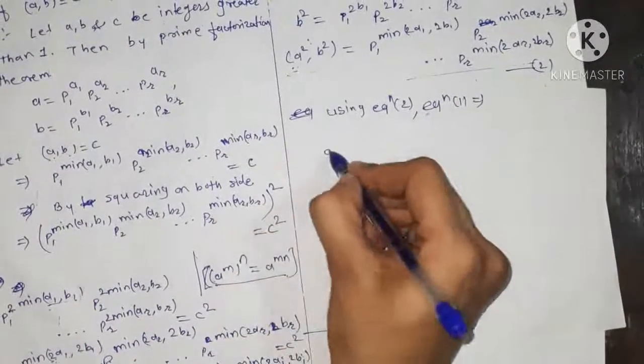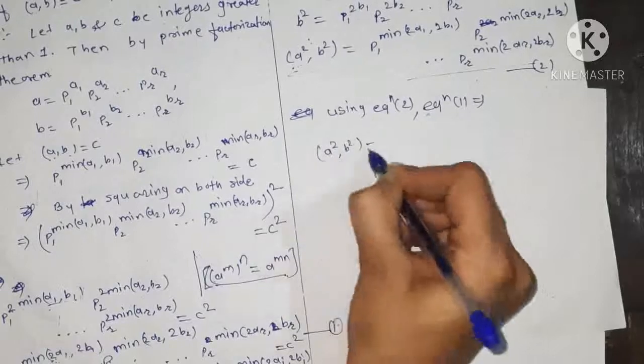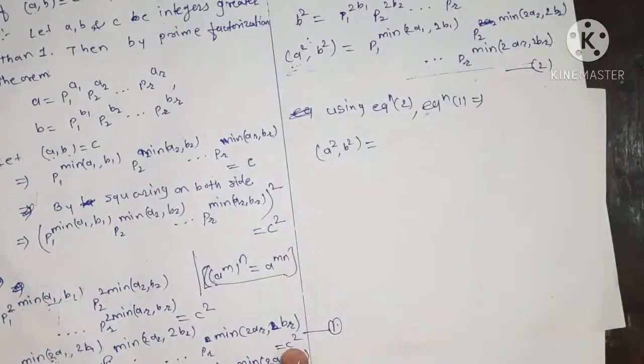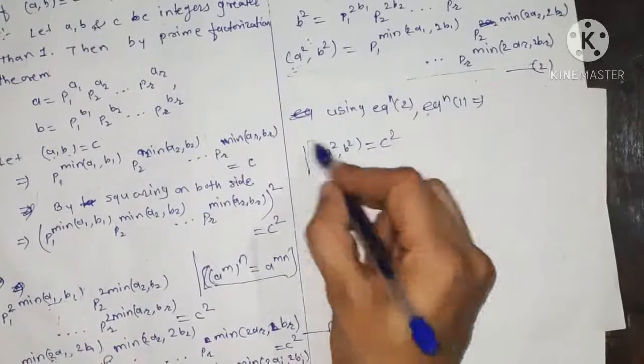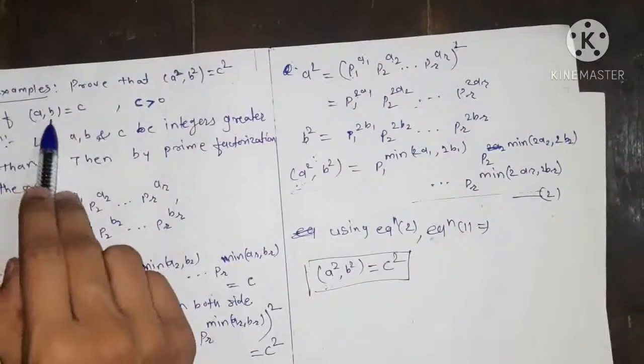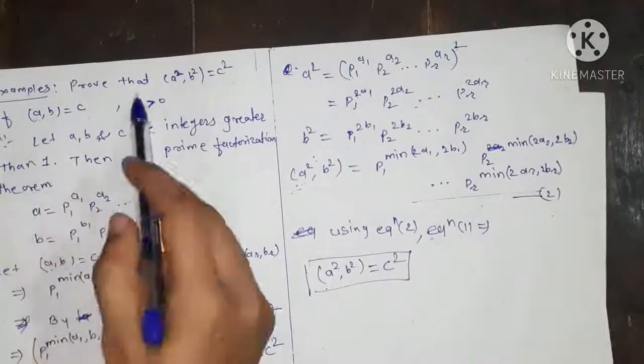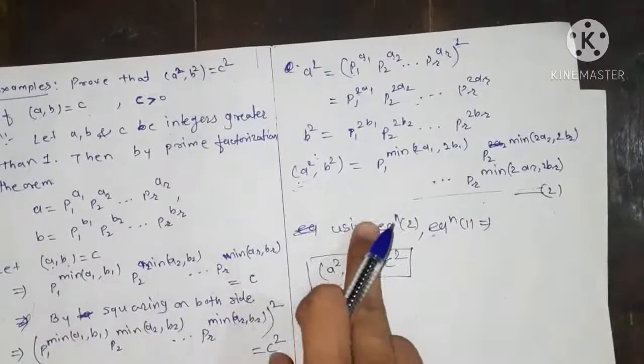So we have GCD of a square comma b square equal to, on the right hand side, c square. So GCD of a square comma b square equals c square when the GCD of a comma b equals c. So we prove this result by using this prime factorization.